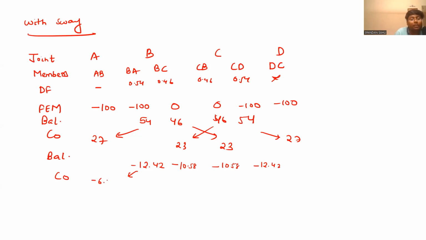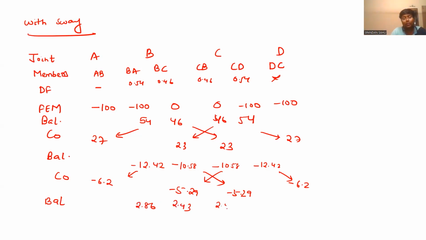It will be minus 6.2, this will be minus 6.2, and this will be minus 5.29, minus 5.29. Then again balance it in the same manner. It will be 2.86, 2.43, 2.43, 2.86. Then carry over again.